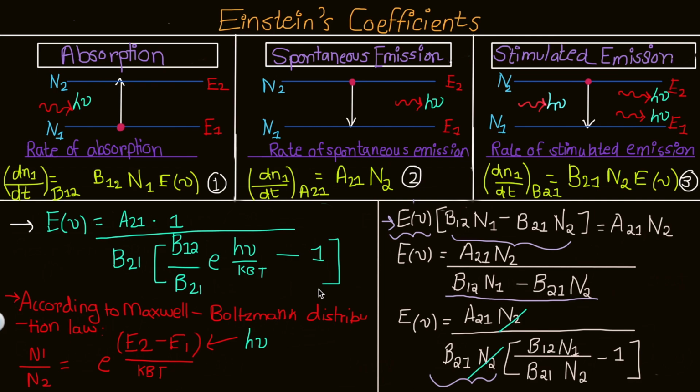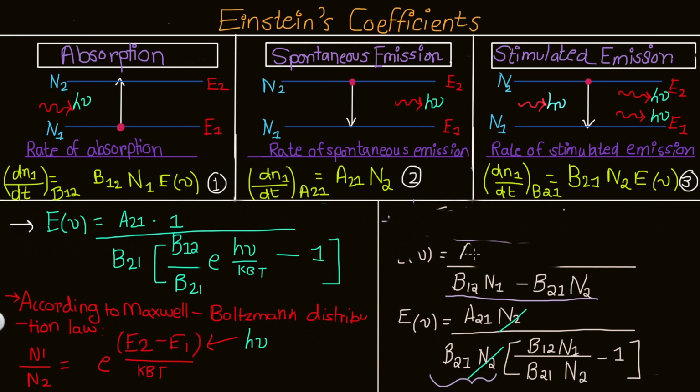And we know that E nu equals 8 pi Planck's constant nu to the power of 3 divided by c to the power of 3. So I'll just write that down over here. I just have to make some space. I hope you guys have written this bit down.